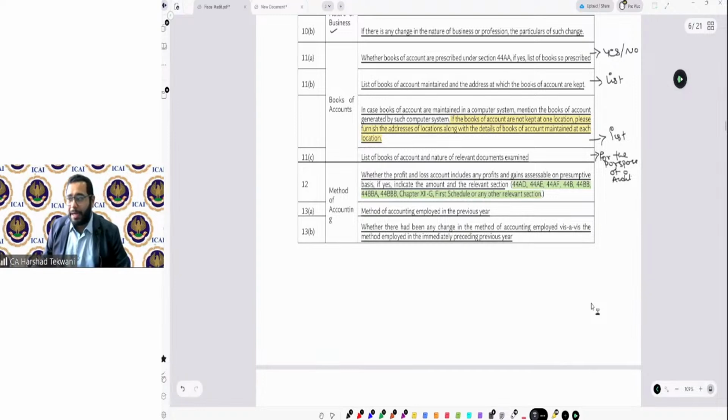See, if it is a company, which section under the Companies Act provides the detail for the method of accounting? Come on, guys.